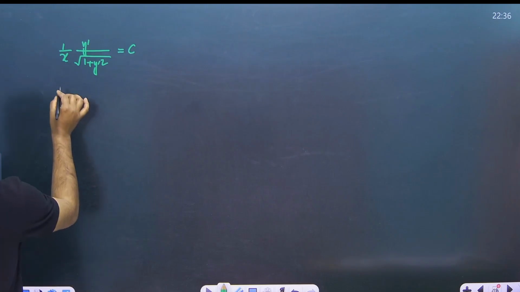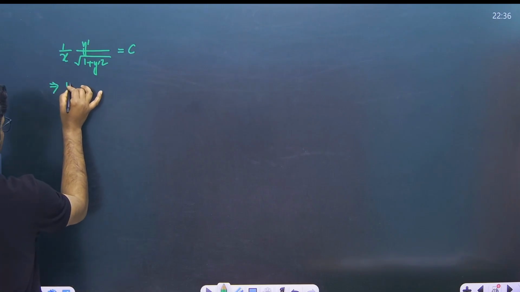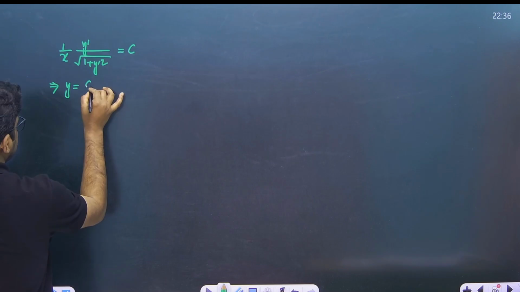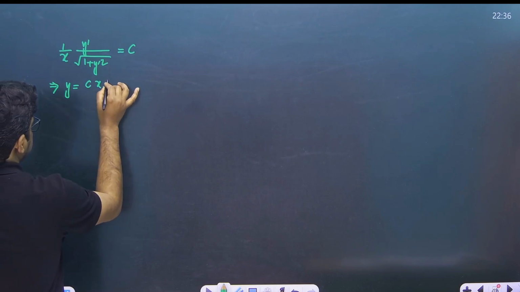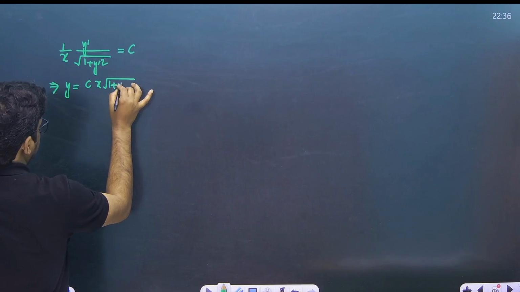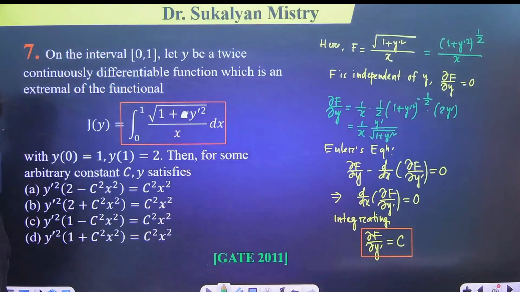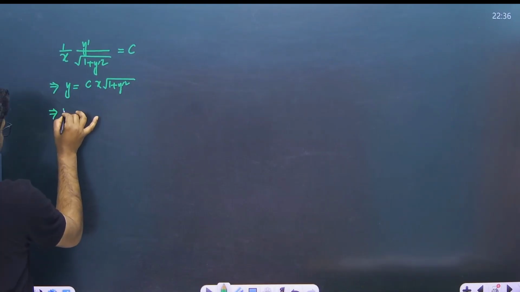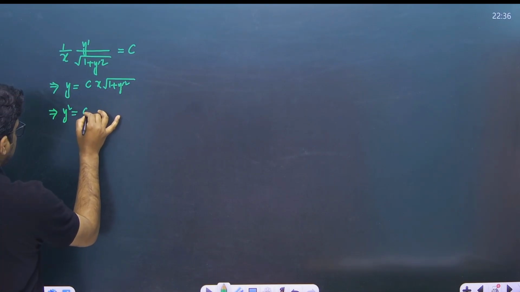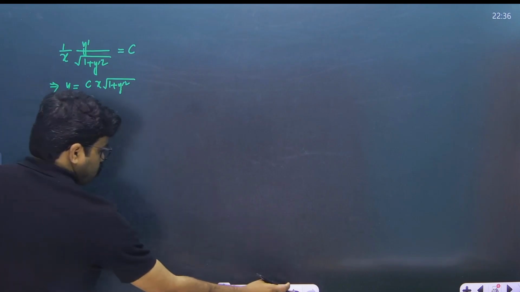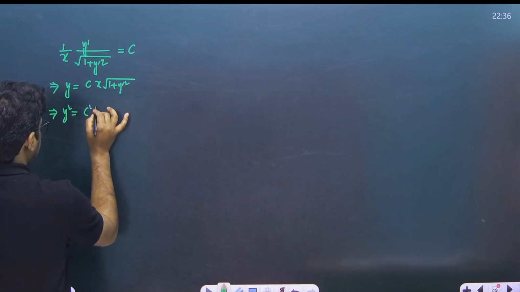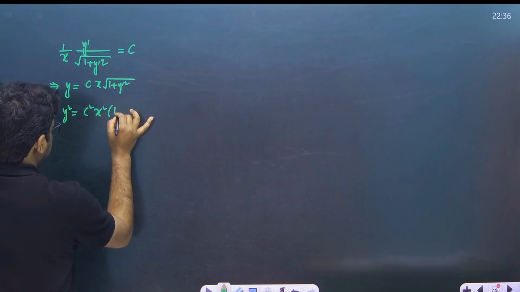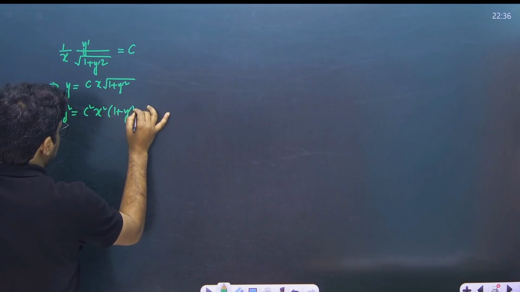Okay, so this implies that y is equal to c x root over 1 + y'^2. So y^2 equals c^2 x^2 into (1 + y'^2).